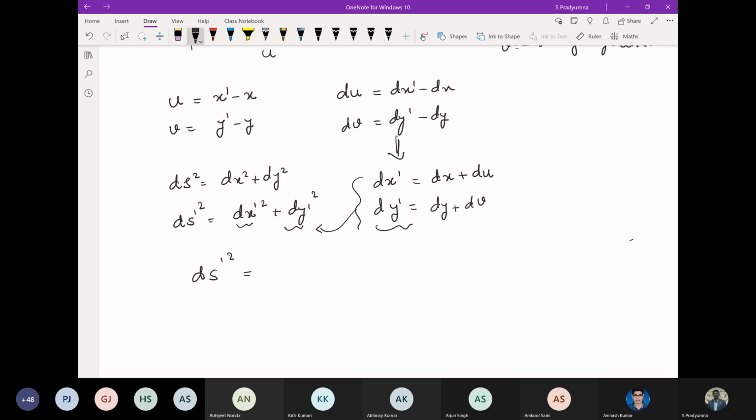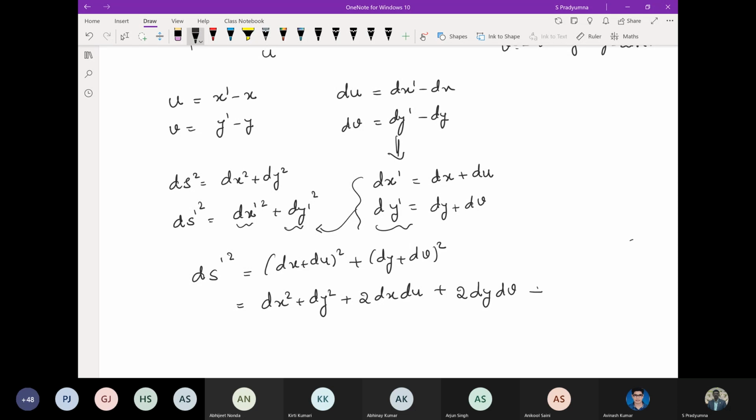ds dash square is equal to dx plus du square plus dy plus dv square, that is equal to dx square plus dy square plus 2 dx du plus 2 dy dv plus du square plus dv square.